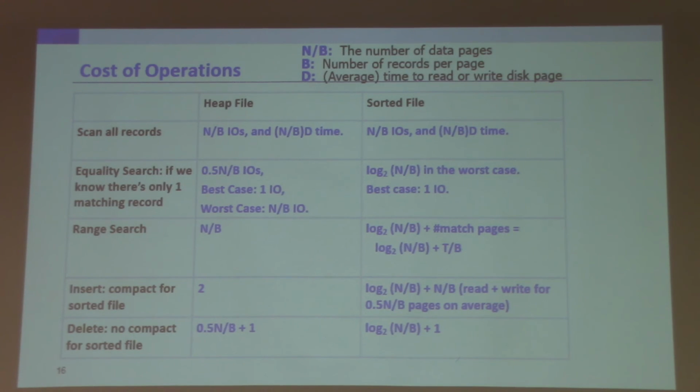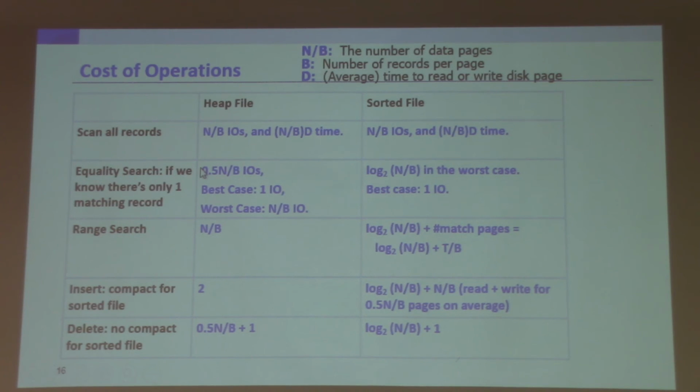similar, but one thing that's different from deletion for the heap file case is that in order to do deletion, you have to find the record to be deleted. That's a search operation, assuming again you are deleting just a single record. That's why you have a 0.5 N over B cost there.